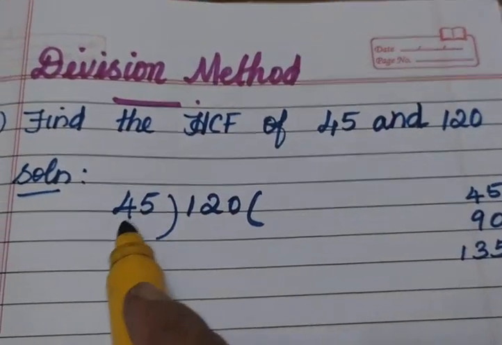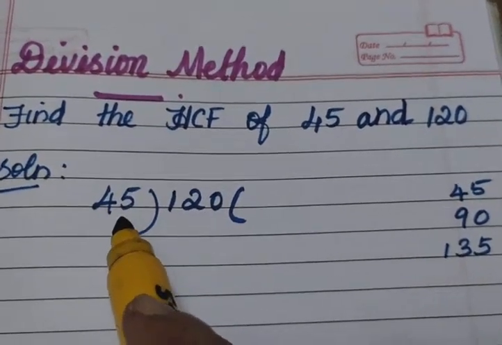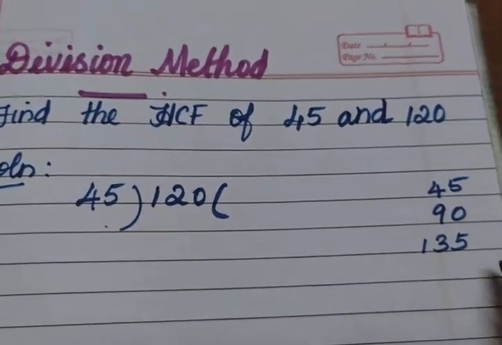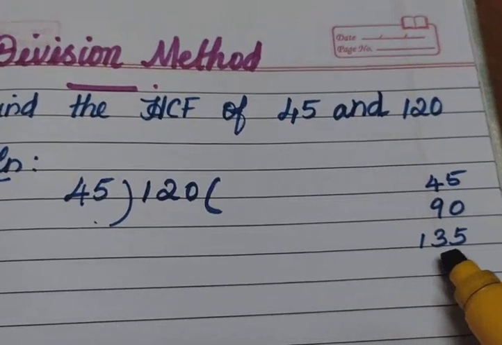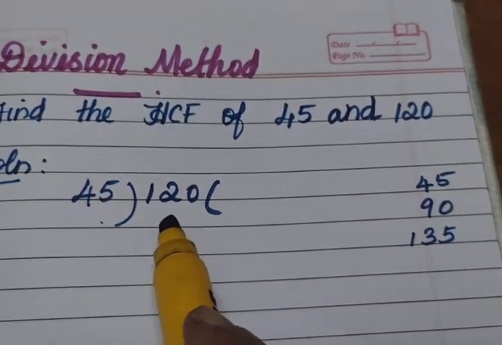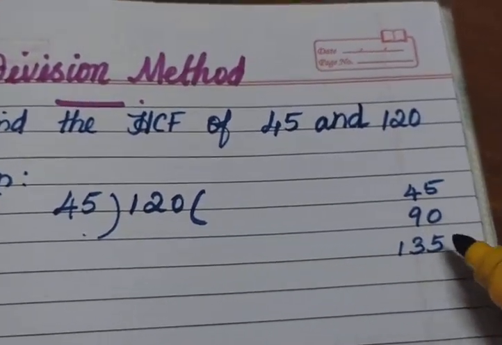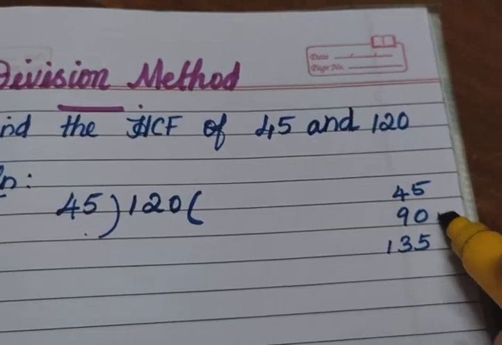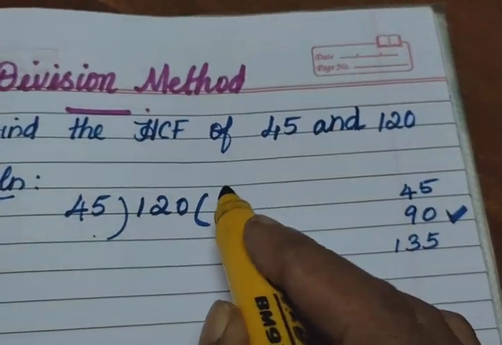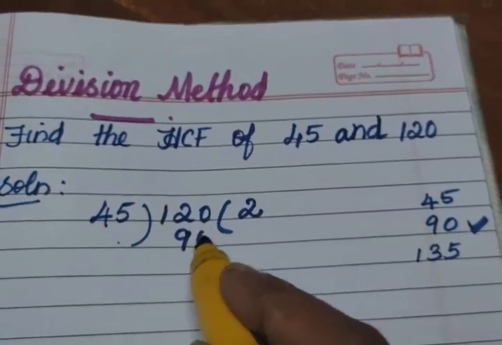So in 120, how many 45s are there? See, 3 45s means 135. We cannot subtract it, because it is greater than 120. So we can give 90. So how many times? 2 times. 45 twos are 90.